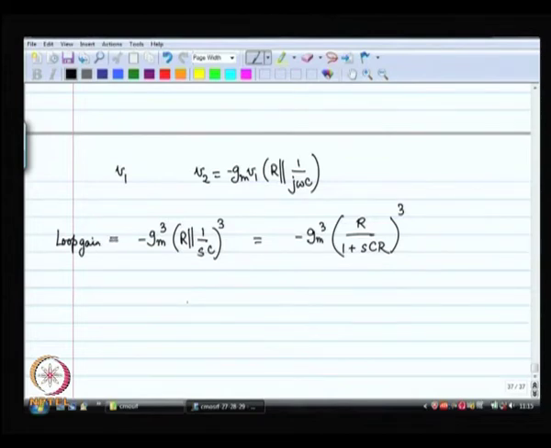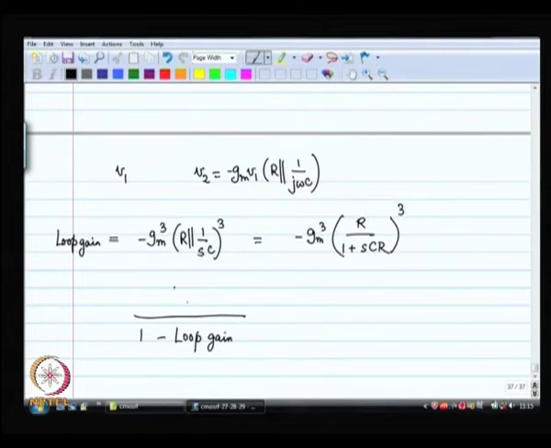Now, when you do your analysis, whatever parameter you want to find out, your expression is going to have 1 minus the loop gain in the denominator.